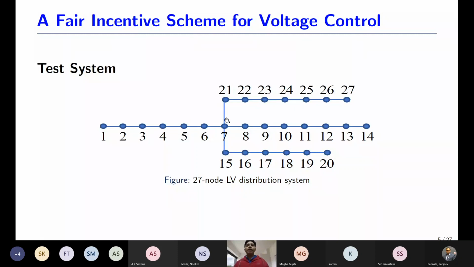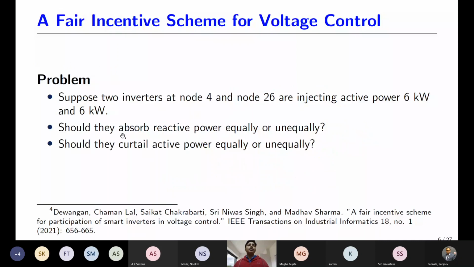Suppose these two nodes, number 4 and number 26, are injecting equal active power, 6 kilowatt each. So the question is, one option to control the voltage is that these inverters should absorb reactive power equally or unequally. The second question is whether they should curtail active power equally or unequally. From this analysis we will find out the answer.